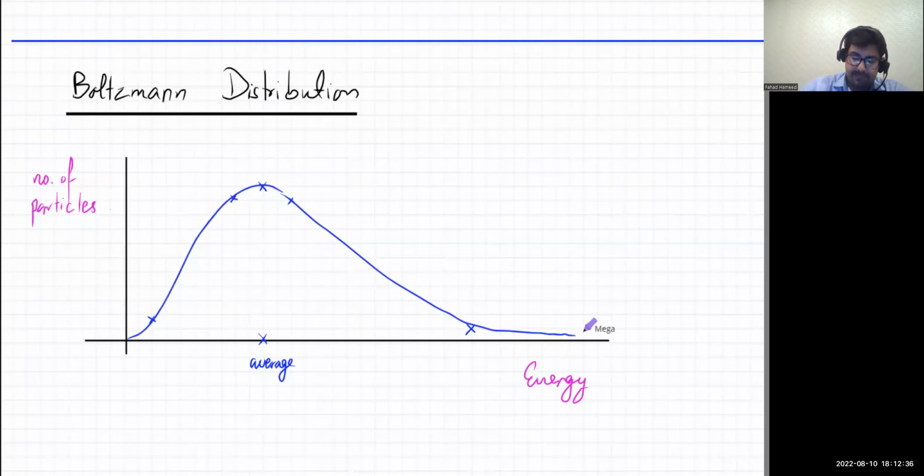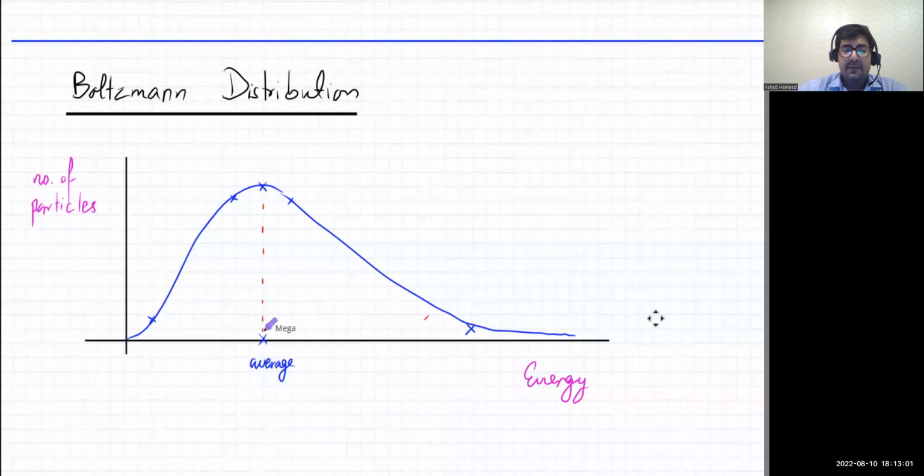And the peak usually corresponds to the average energy. So the higher the energy, the fewer particles there will be. The lower the energy, the fewer particles there will be. Most particles will have energy close to average energy.